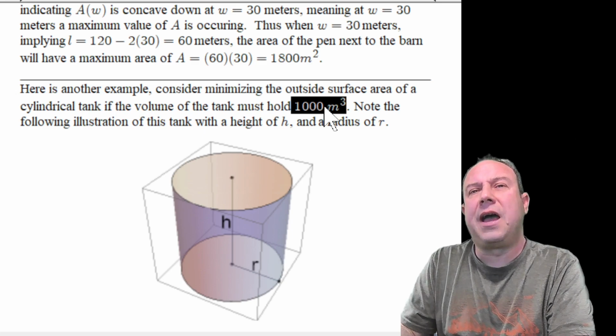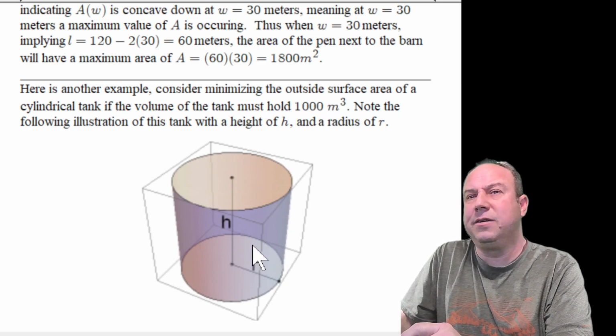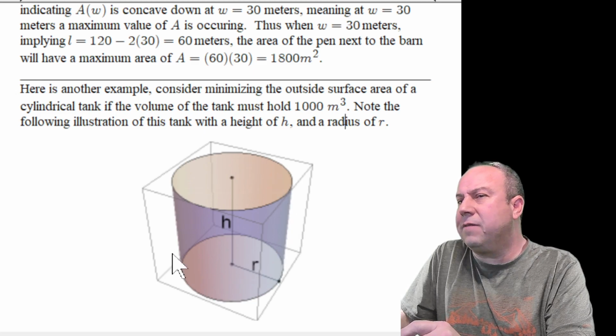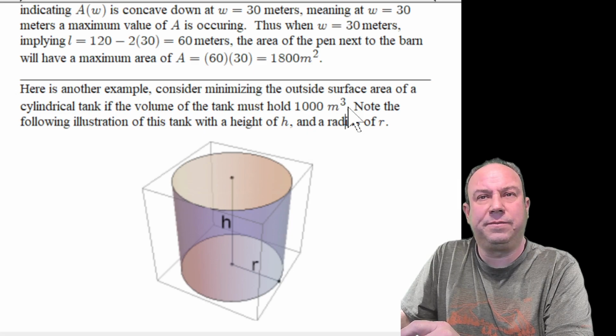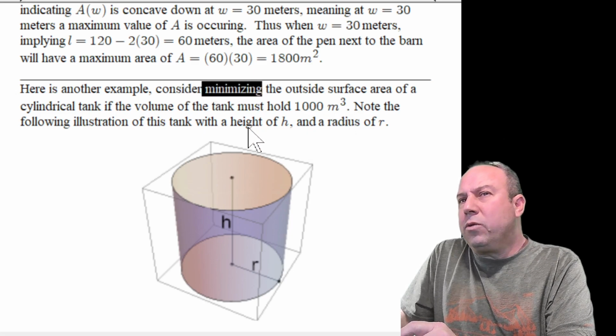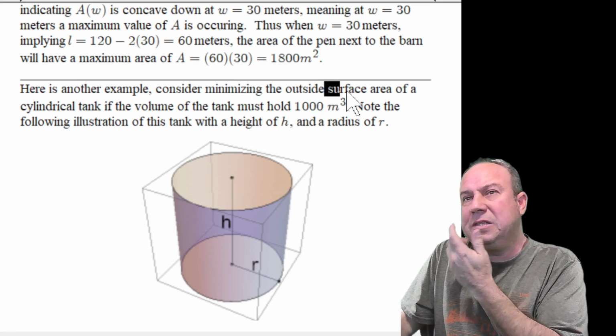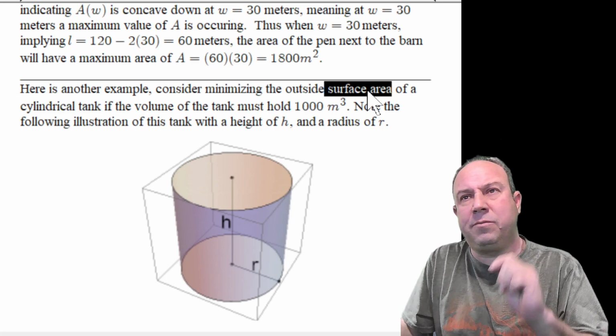I think here, consider minimizing this outer surface area of this cylinder if the entire volume within the cylinder must be 1,000 cubic meters. What we're trying to minimize is surface area, where surface area is going to become our objective function.